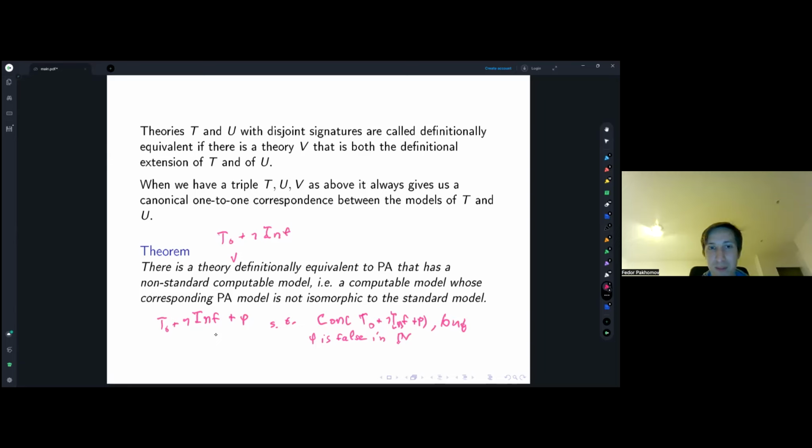Basically, you have a model of this theory, and then for any model of PA, there's a one-to-one map between models of PA and models of your theory. And when you say corresponding PA model, you mean in this grand scheme where models of this theory are put into one-to-one correspondence. Yes.